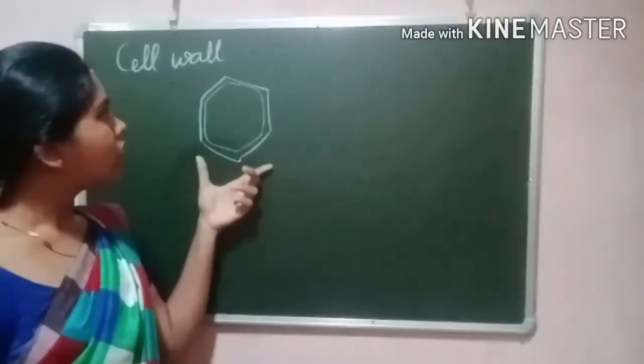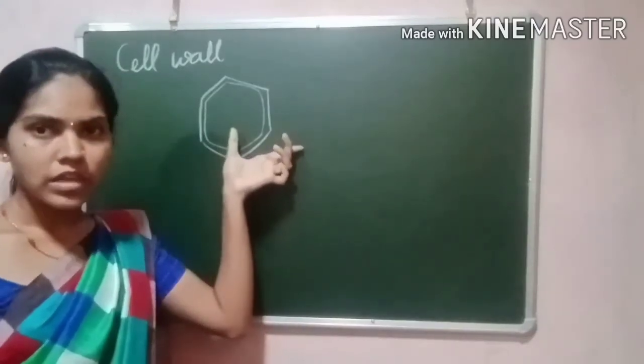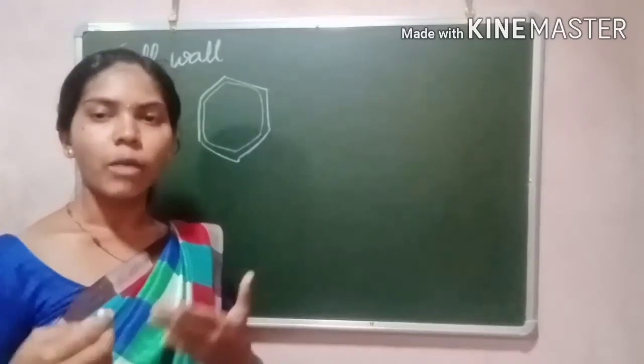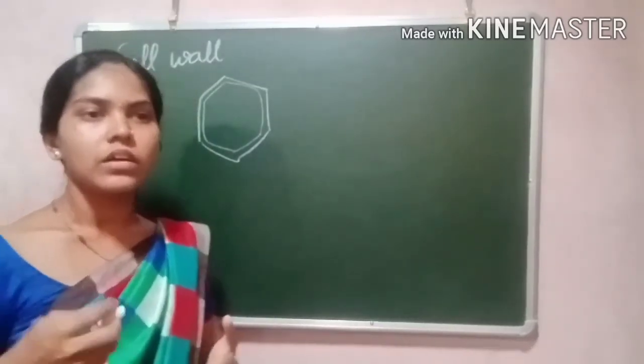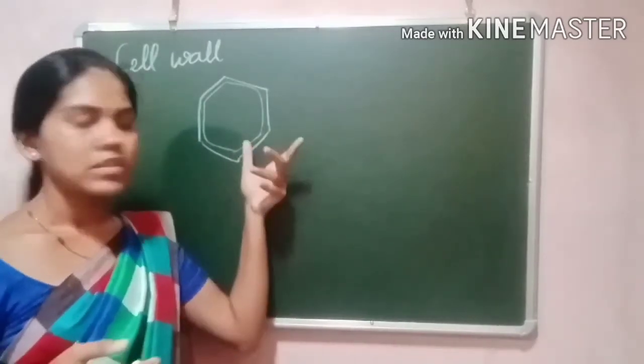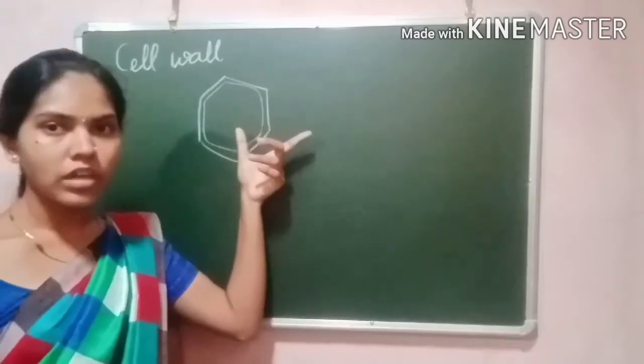This cell wall mainly contains cellulose. It is made up of cellulose. Cellulose is a complex substance that provides structural strength to the plant cell.